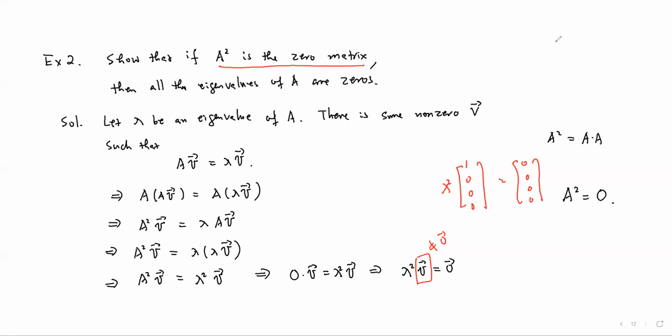So lambda squared must be zero. Taking the square root, lambda is zero. Therefore, any eigenvalue of matrix A is zero. So I have proved this statement.